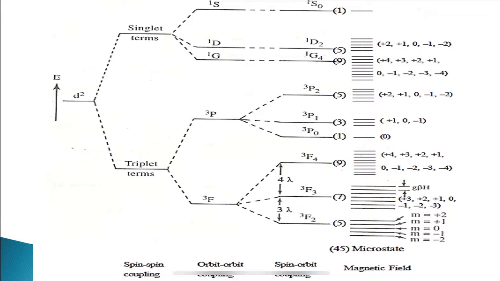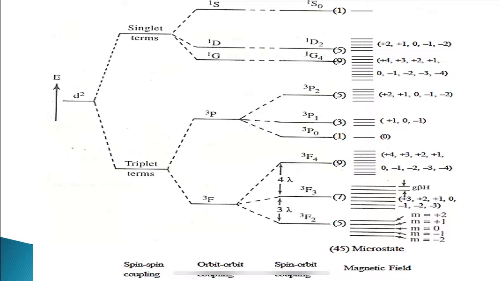So here 4 lambda and 3 lambda are expressed in terms of the spin orbit coupling constant. The energy separation between the levels produced by spin orbit coupling is expressed in terms of lambda. Okay. So lambda is called the spin orbit coupling constant.